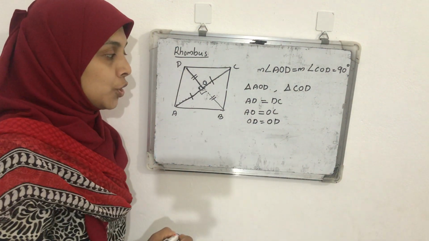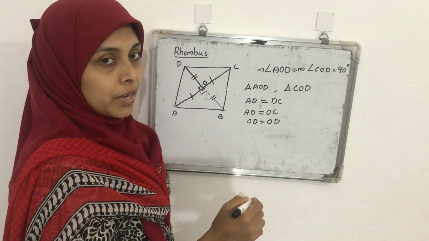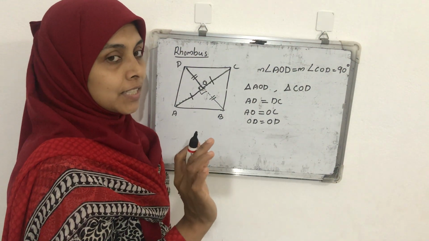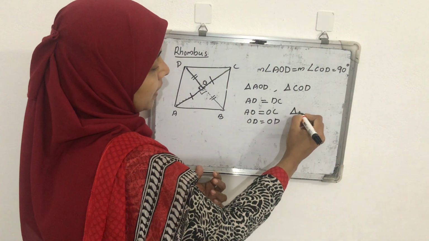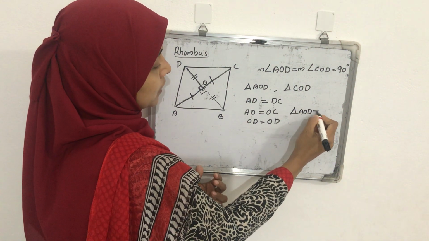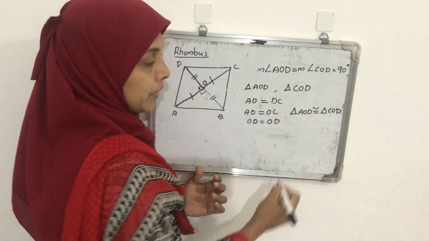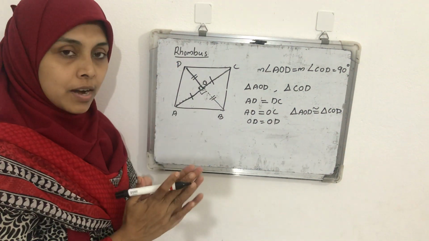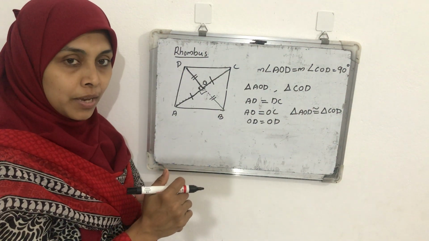Now using which property can we say these two triangles are congruent? Using the SSS congruence property we can say triangle AOD is congruent to triangle COD. So if two triangles are congruent, the corresponding angles also will be equal.